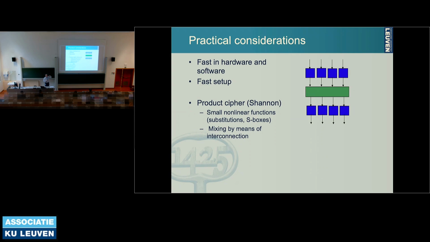The blue blocks work on one character at a time, so they're like the Boy Scout cipher. But you add an extra component that he called a diffusion layer that mixes the outputs of different Boy Scout ciphers and produces new outputs. This could be rewiring, where you shuffle the wiring of the bits, or could be any other linear operation that has, in this case, 4 inputs and 4 outputs.